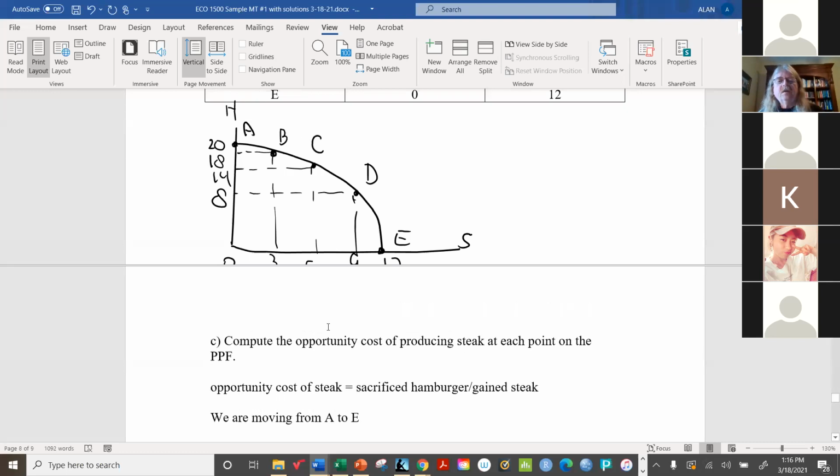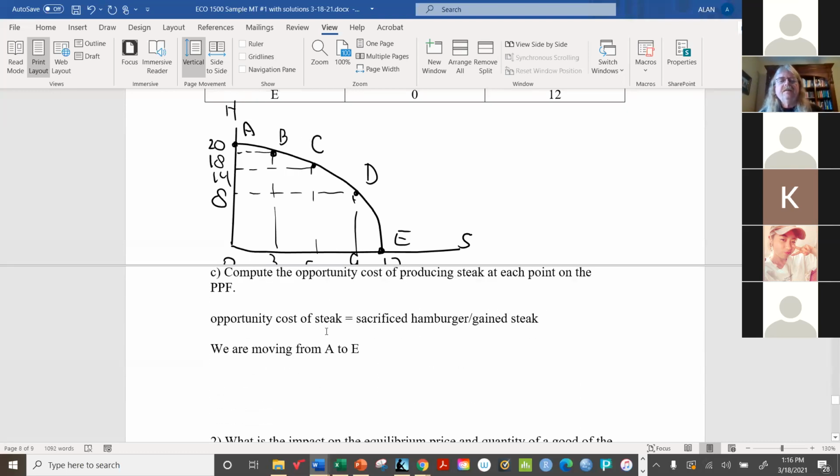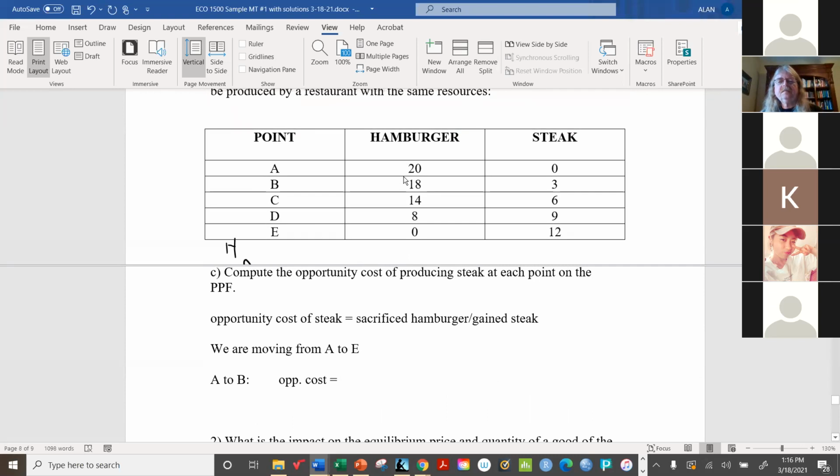So as we go from A to B, the opportunity cost equals, all right, let's look at the chart. We lost 2 burgers. We picked up 3 steaks. Okay. From B to C, we gave up 4 burgers, from 18 to 14, and we picked up 3 steaks.